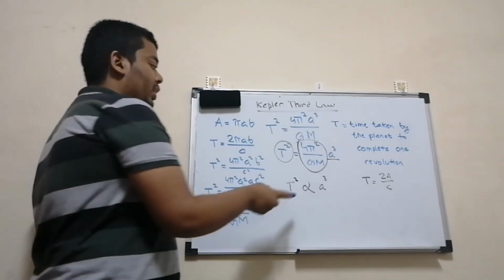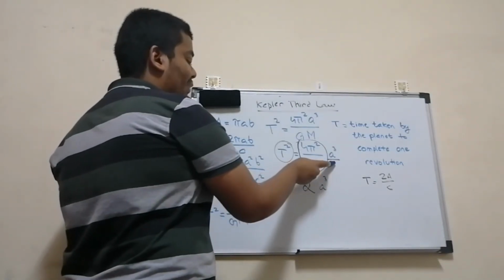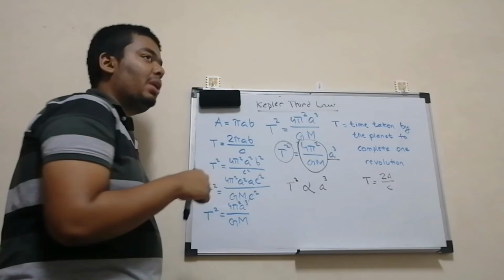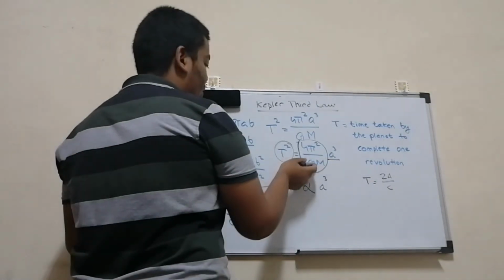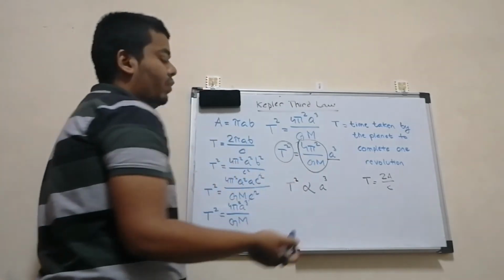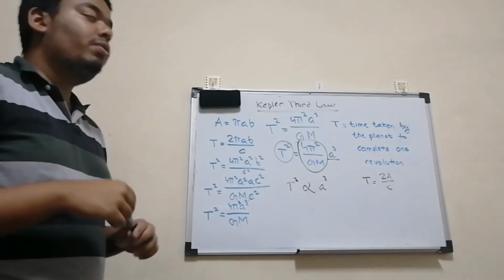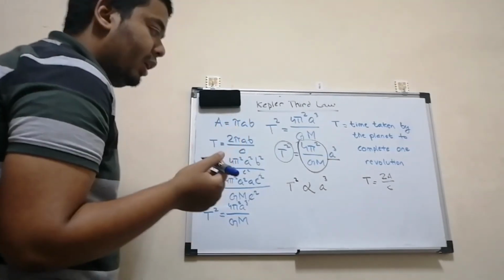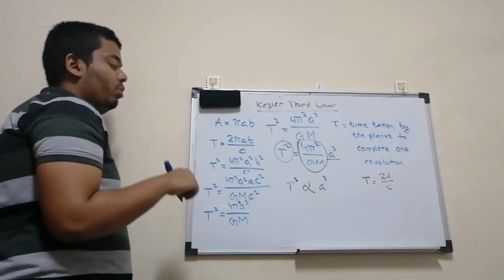It only depends on the mass of the sun and the semi-major axis, that means the distance from the planet to the sun, and it also depends on the gravitational constant, which is obviously a constant. So two things determine the length of the time taken for the planet to actually complete one revolution.